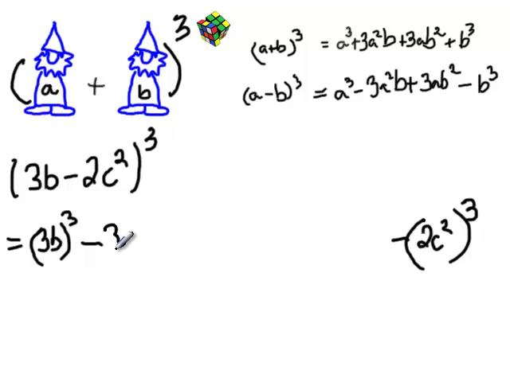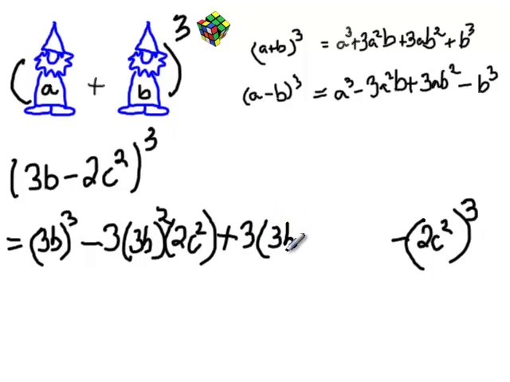Then I'm going to have a minus 3 lots of the first term squared, second term, plus 3 lots of the first term, second term all squared.